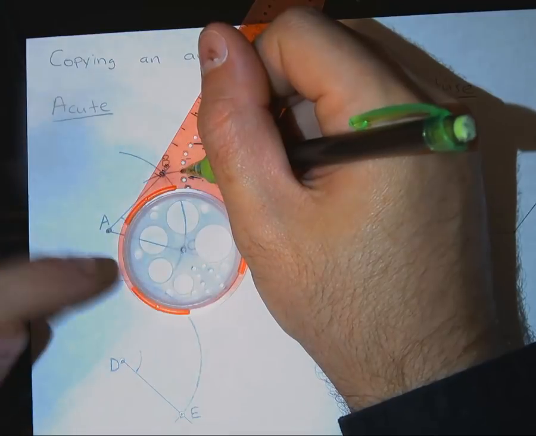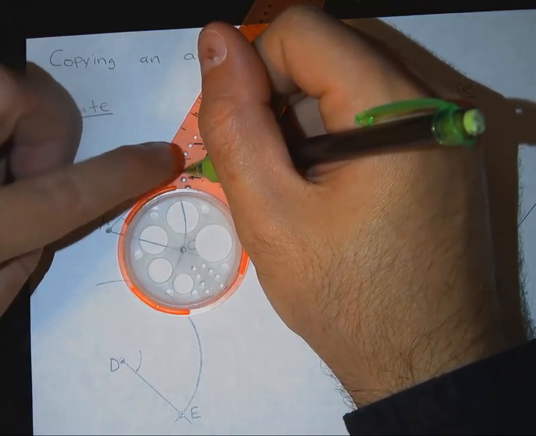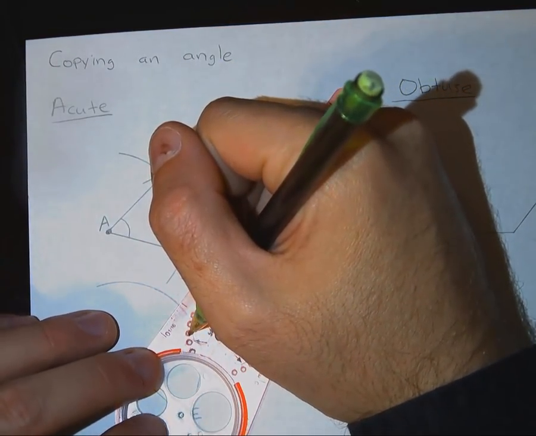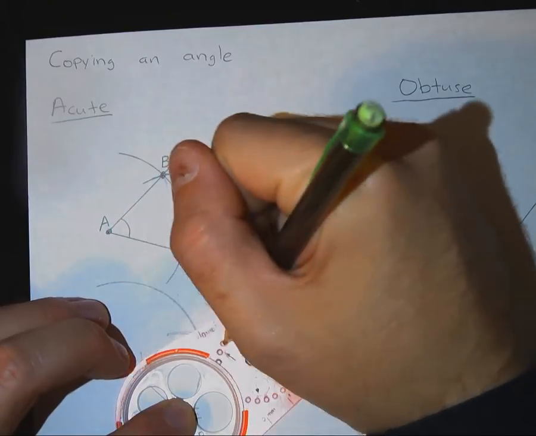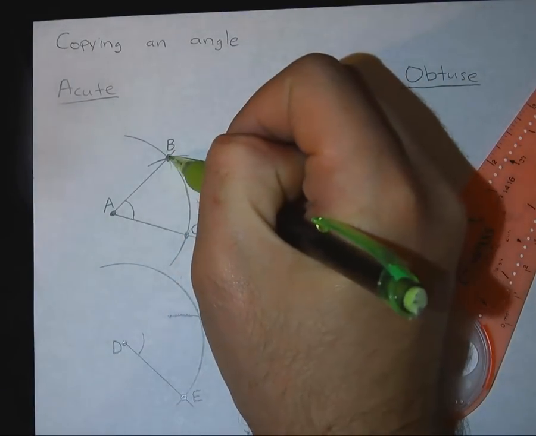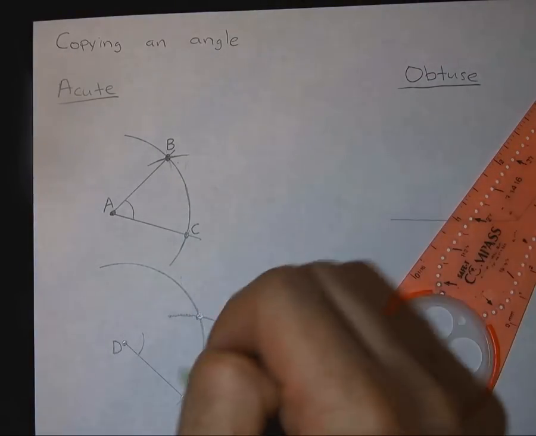Okay, and I'm going to move the center of my compass from C to E, keeping my pencil in that third dot there. We are on E, and I'm going to draw that same arc right here. And you'll notice this is B, but we're going to label this something else. If you want to call it B prime, you can. I'm going to call it F.